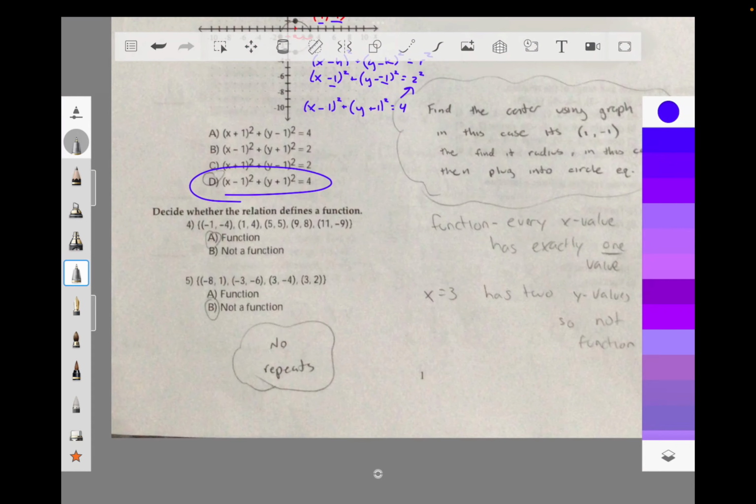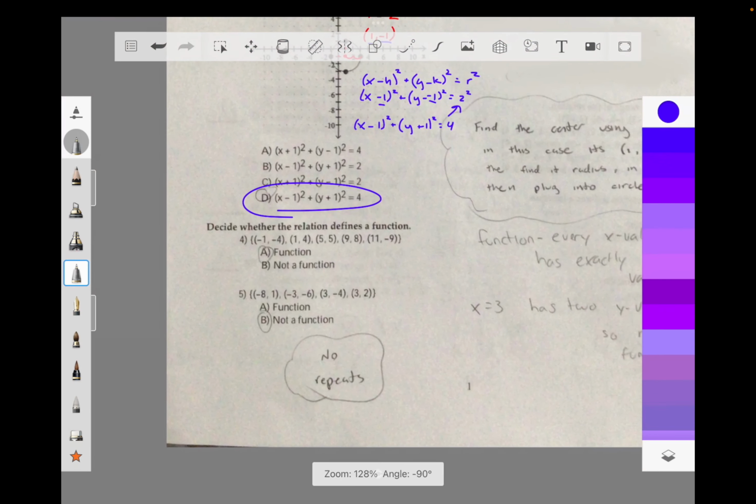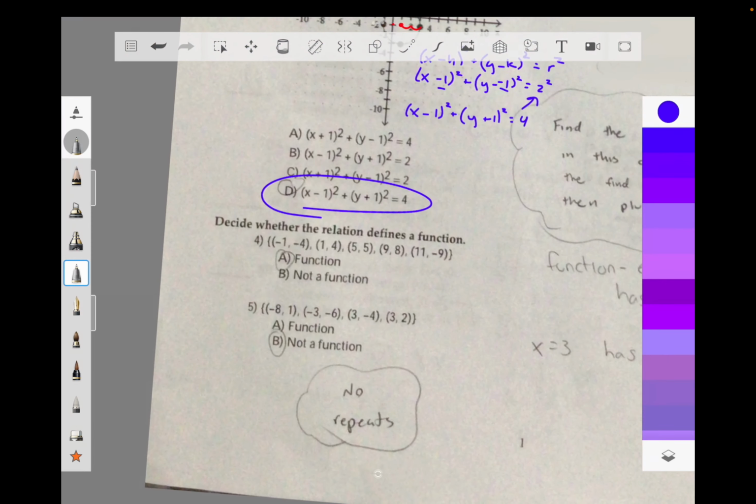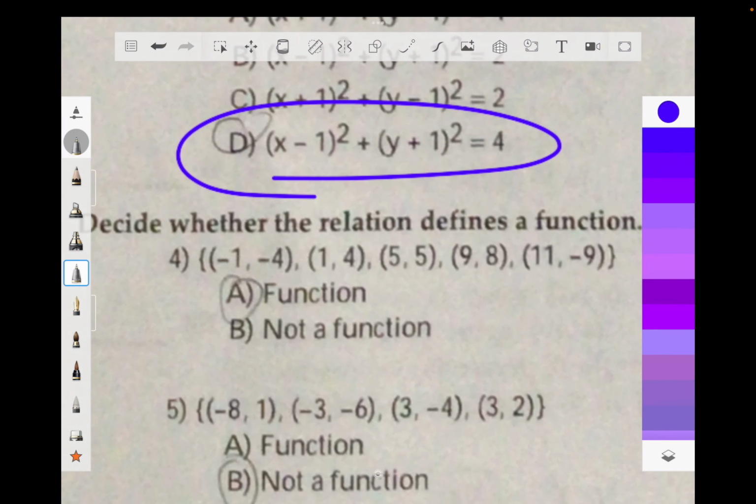Decide whether the relation defines a function. I think you put it here. For every x value there is one y value, right? So each x value here has its own value, and each y value has its own value, right?